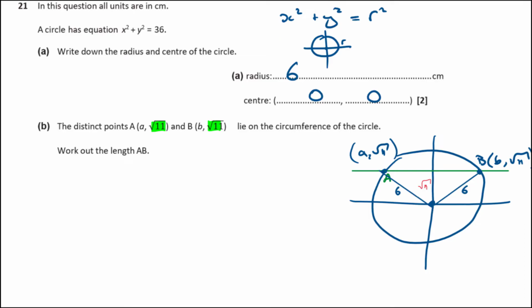So I know quite a lot of things about this triangle. So I'm going to use Pythagoras' theorem in one of the triangles. They're identical to each other, aren't they? They're mirror images. So in one of these triangles, like this one, I'm going to use Pythagoras to work out that top line there, and then I'm going to double it up to find the length AB. Does that make sense?